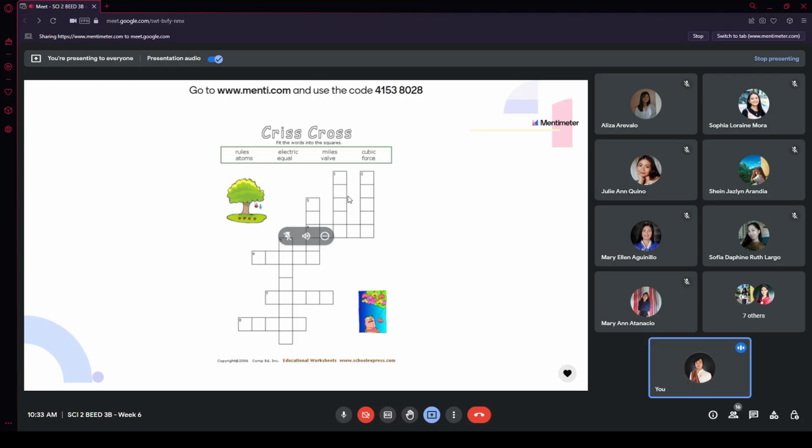So in here, make sure the spaces that you're providing for your students are large enough for them to write on. So how many answers do we have here? We have 1, 2, 3, we got 8, right? So 4 times 2, we get 8 words for them to fill out.